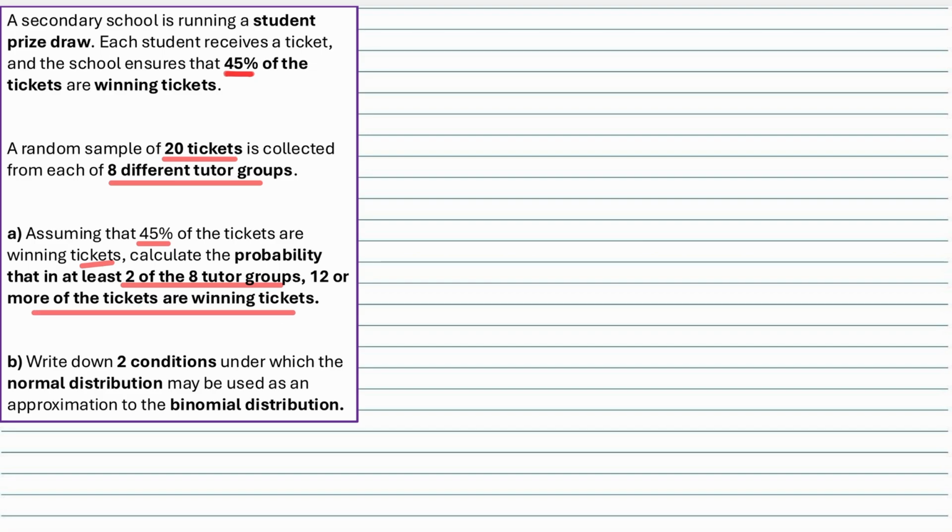Okay, so there's quite a lot going on here. If we define, first of all, and this is a binomial distribution, because we have a fixed probability of success and a known number of trials. So we'll say that X is distributed binomially with 20 trials and a probability of success of 0.45. Now we need to define what this X is.